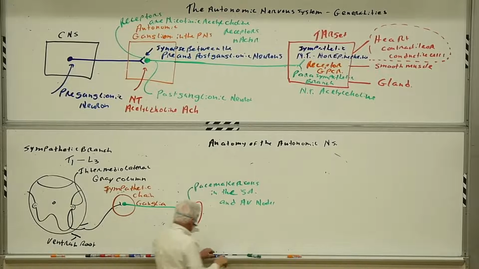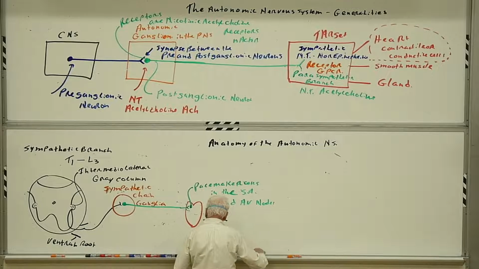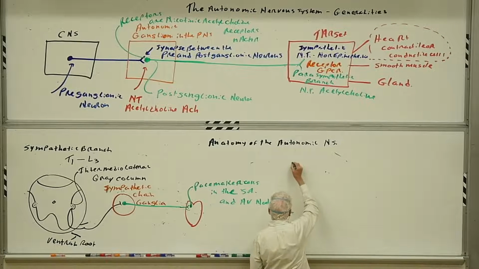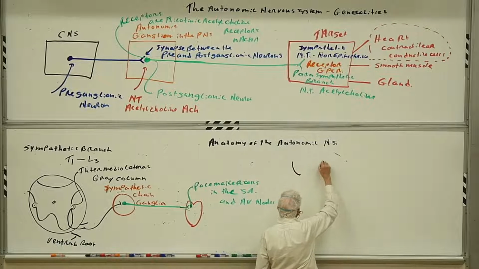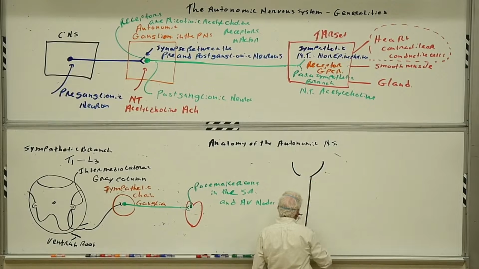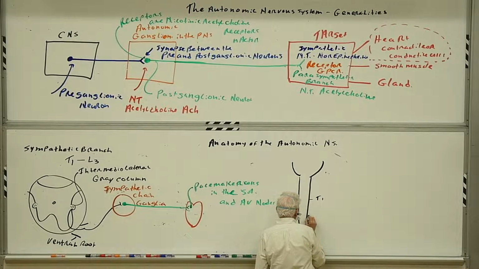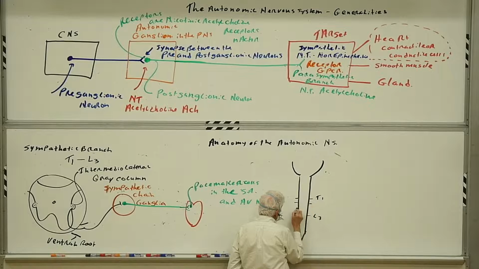But now let's superimpose that onto our ice cream cone diagram. There's the brainstem, the spinal cord. We're going to start someplace down here at T1 and go to L3. And we have these pairs of spinal nerves, remember?